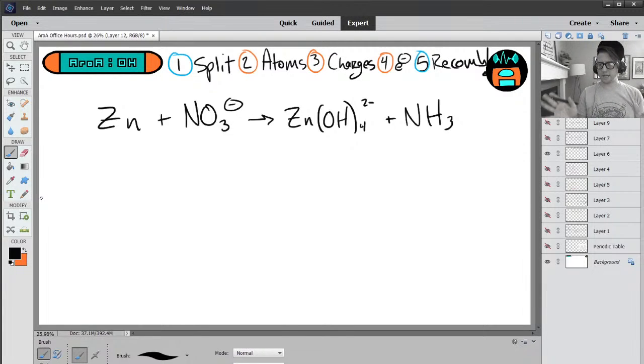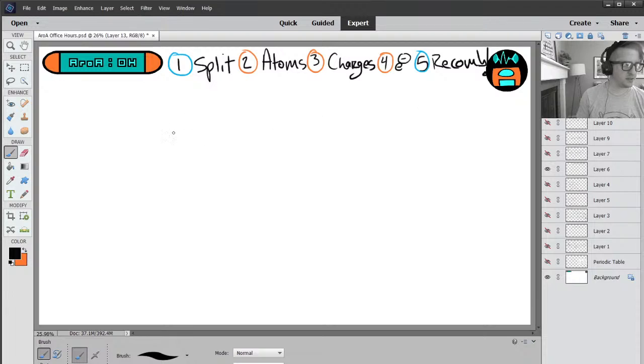So step one, we got to split this thing into two half reactions. Let's go ahead and tackle zinc first.